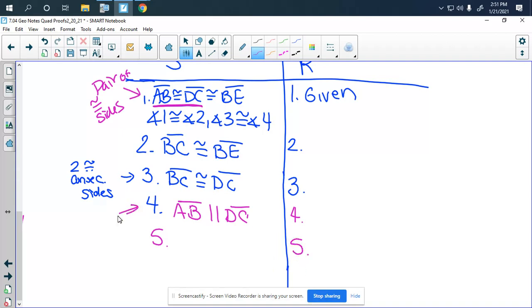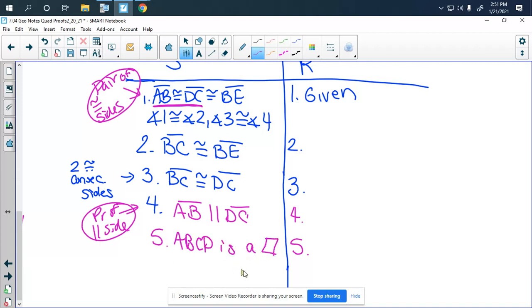Now I have a pair of parallel sides. If I have a pair of parallel sides and that's the same pair of sides that's also congruent, then I know that ABCD is a parallelogram.